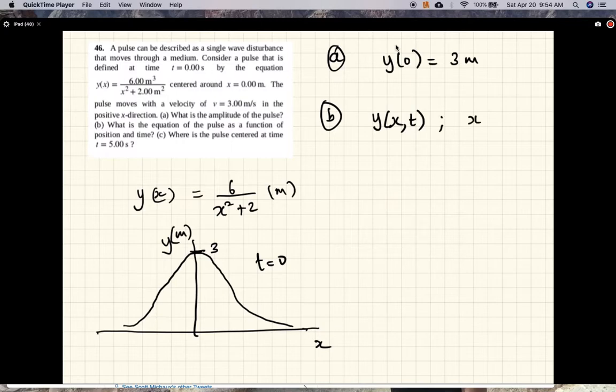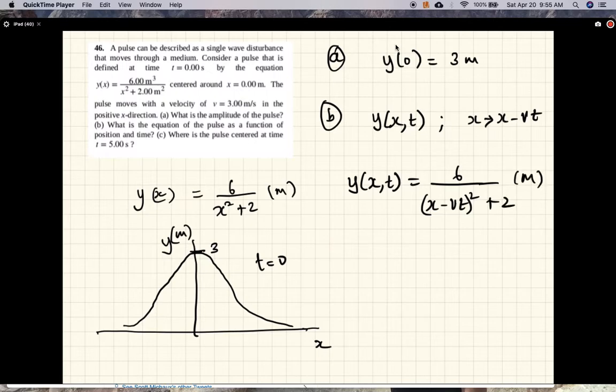That's if the pulse is traveling to the right, and if it was traveling to the left, you would replace x by x plus vt. So the equation for the pulse now is 6 over (x minus vt) squared plus 2, again in meters.